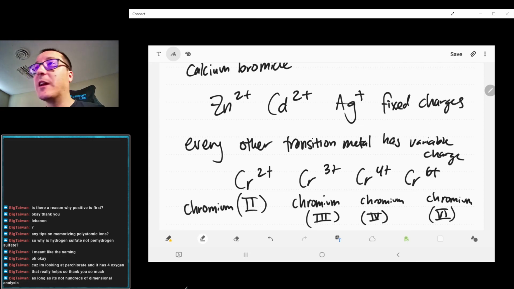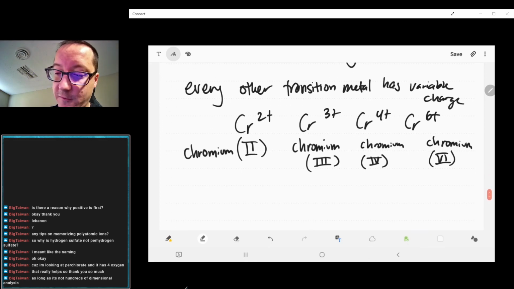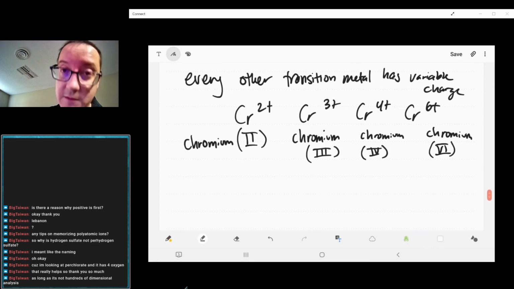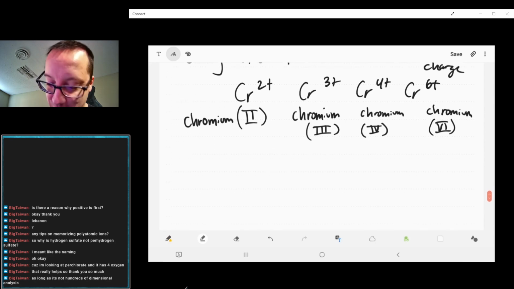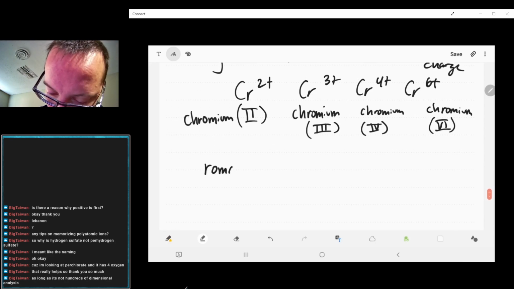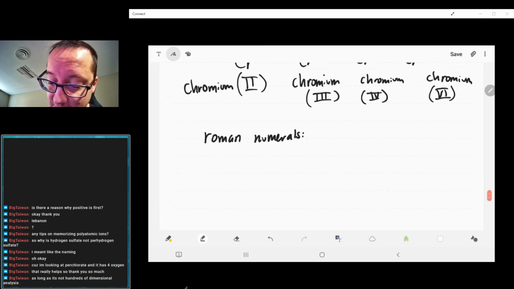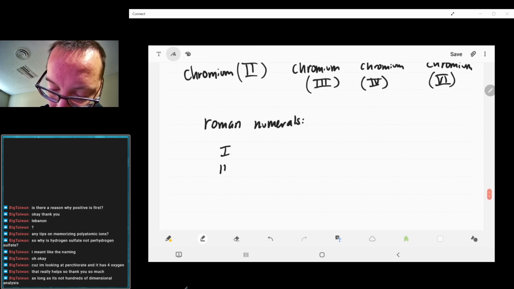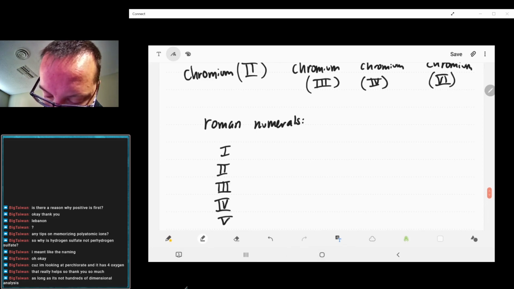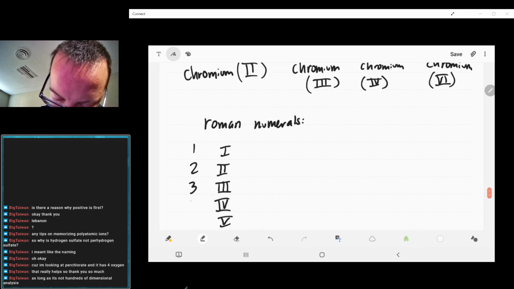I guess what I should kind of finish with is just a reminder of what your Roman numerals are, in case it's been a while, because we don't use these terribly often. This is 1 through 5.